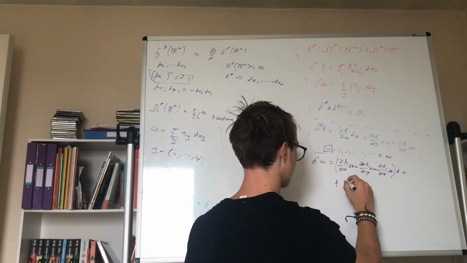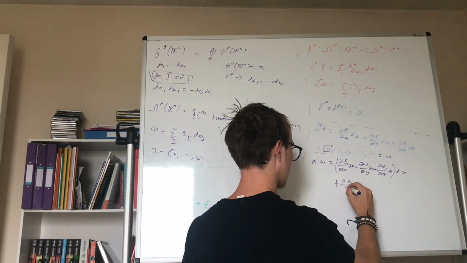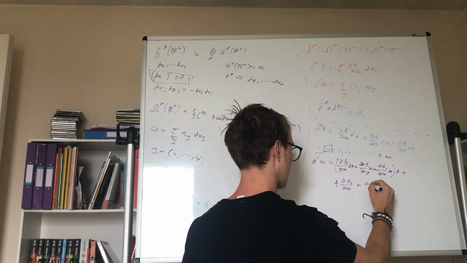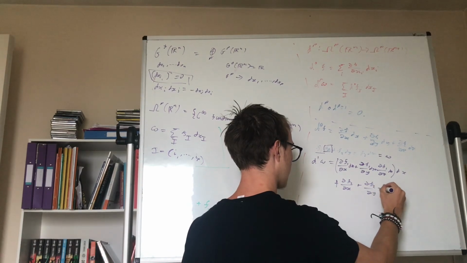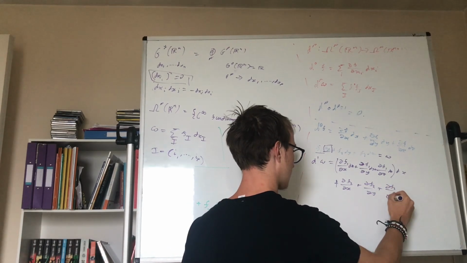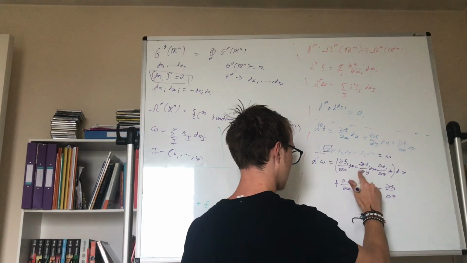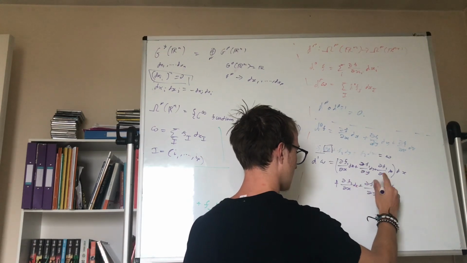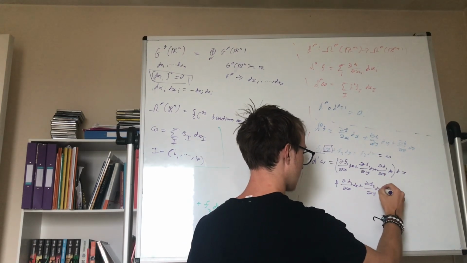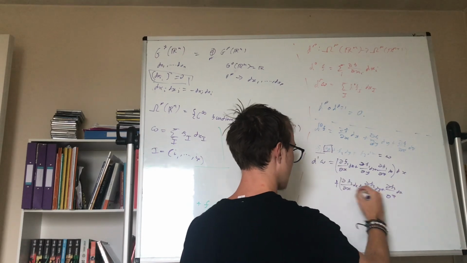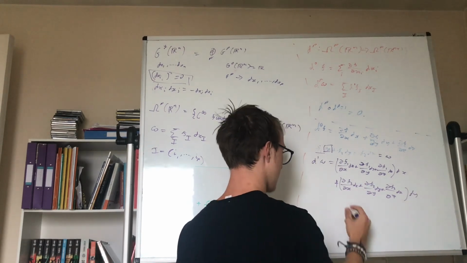So we have the partial derivative of f2 with respect to x plus the partial derivative of f2 with respect to y plus the partial derivative of f2 with respect to z, dx, dy, dz, and this time we times it by dy.